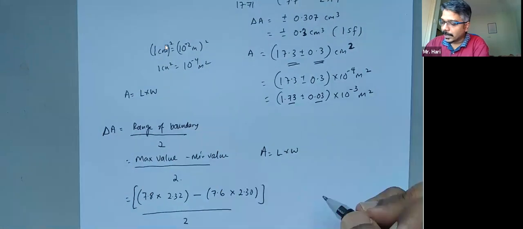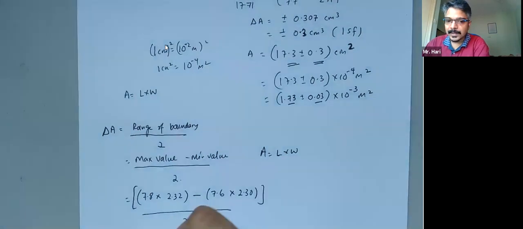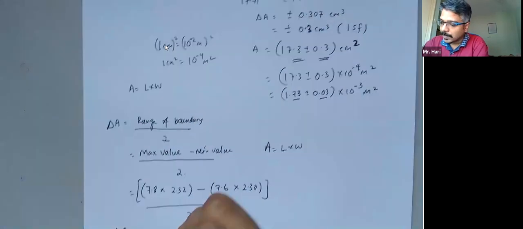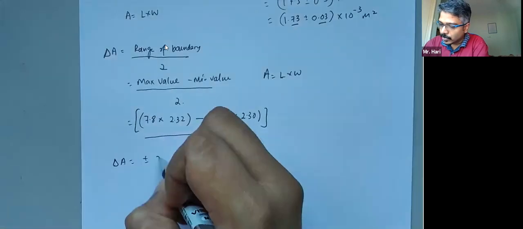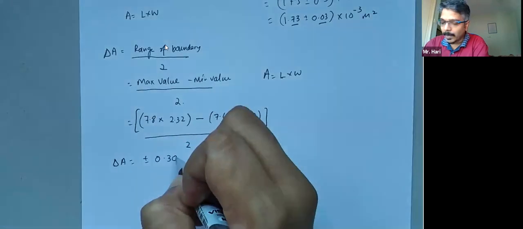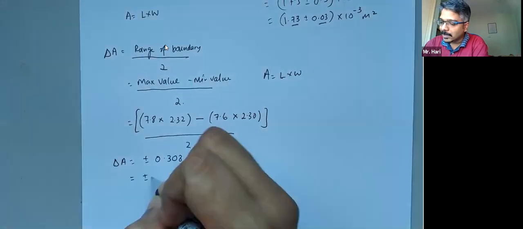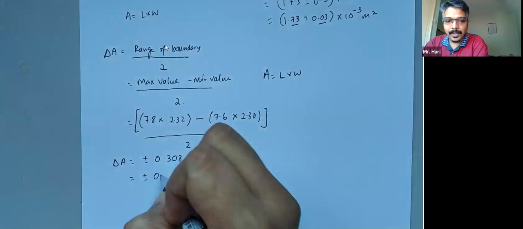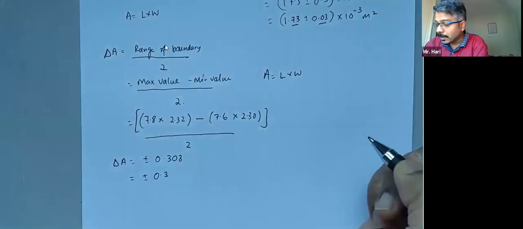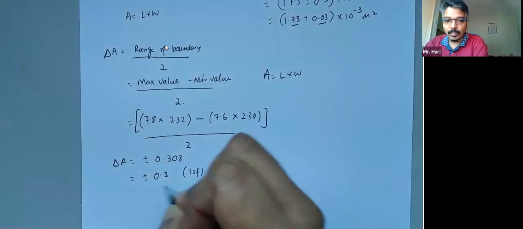You will find out that this is around plus minus 0.308 according to my calculator. However, if you make it to 1 decimal point, 1 SF, the answer you get is 0.3.